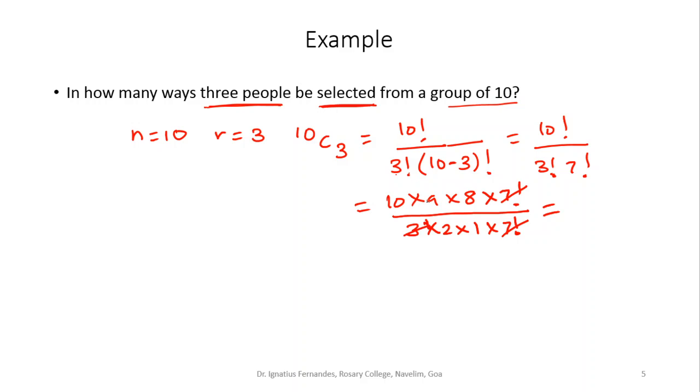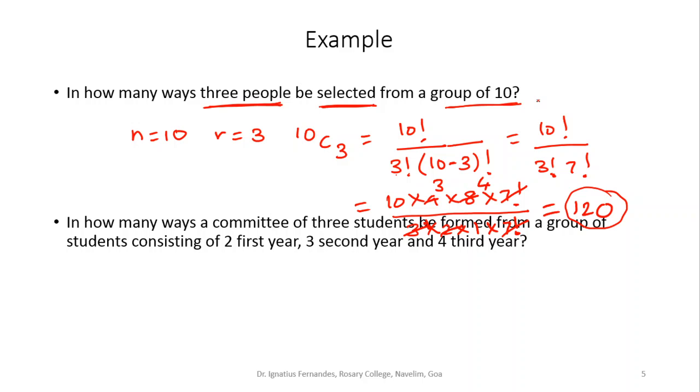Okay, so we have 3 3s are 9, 2 4s are 8, so 3 into 4 is 12, into 10 is 120. So there are 120 ways I can select 3 people from a group of 10. That is how we use combinations in solving that.